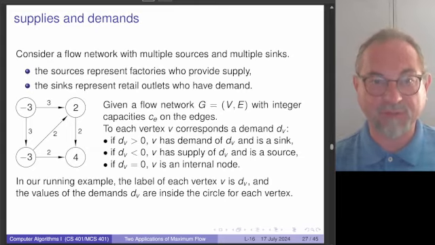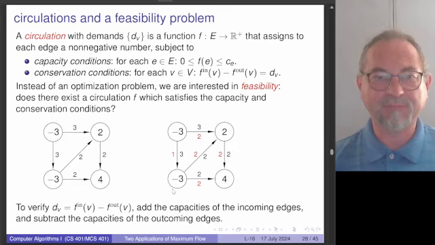Here we have -3, which equals -2 and -1, 2 outgoing edges. Finally, for the second factory, we have a supply of 3, a negative demand of -3. We have 2 outgoing edges, which give -2 and -2, so -4, but this is compensated to -3 by this one incoming edge.